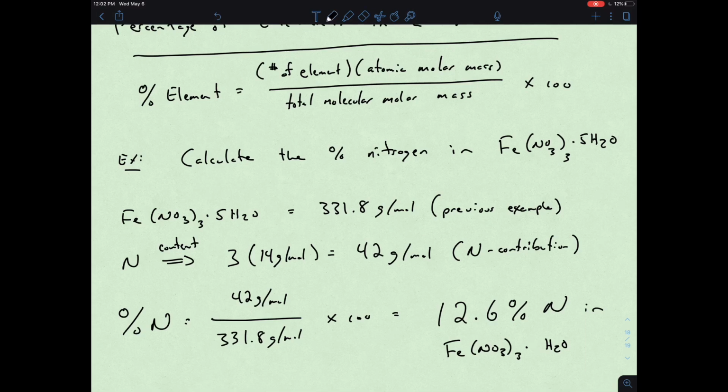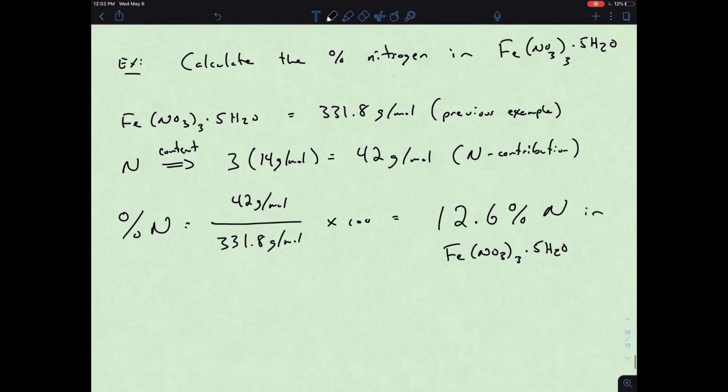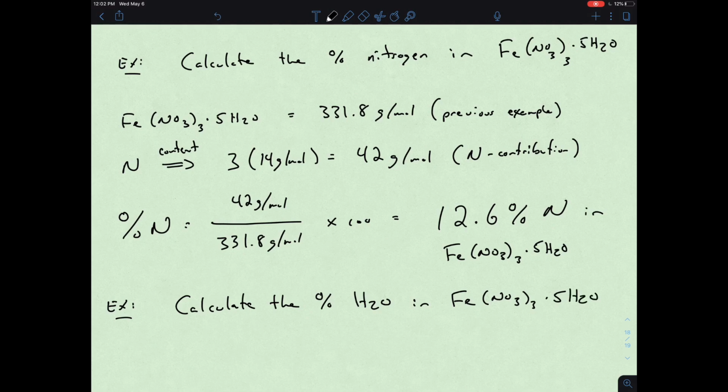We could also look at it in terms of substructure as well, in terms of calculating the percent H2O in that molecule.